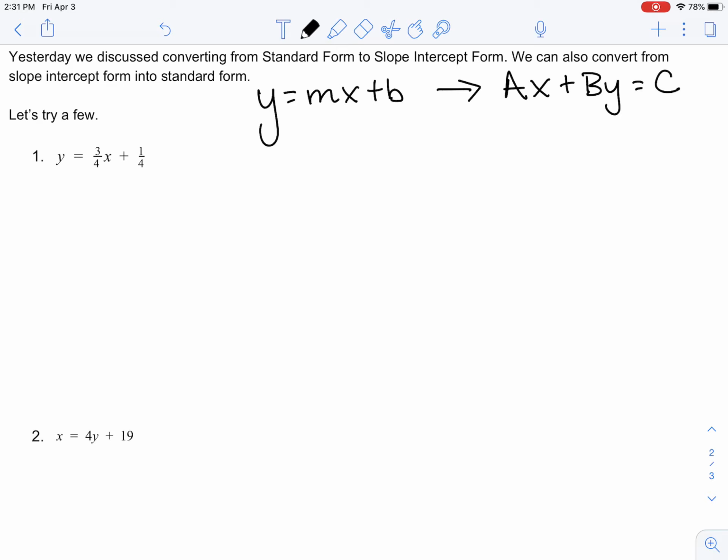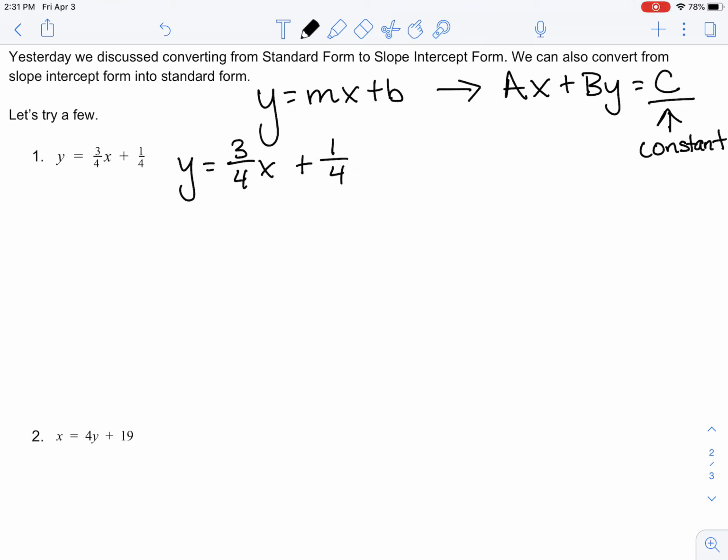Yesterday, when we were converting into slope-intercept form, we wanted y to be by itself. Today, we want c to be by itself, which means it's a constant, or a number by itself with no variable. So our first example, we have y equals 3/4 x plus 1/4.